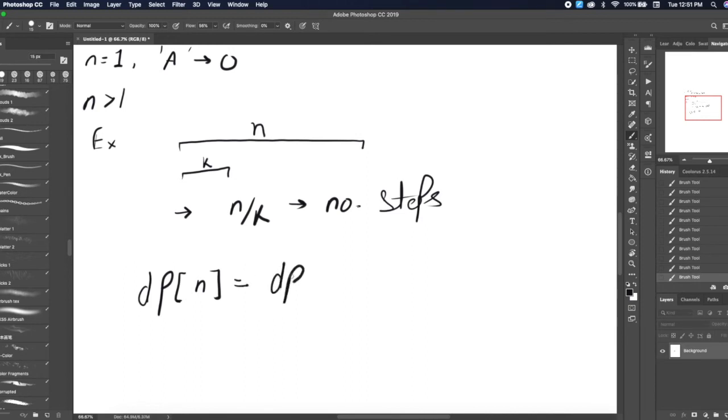Currently we have only k number of A's present, and by the equation n divided by k, we can find the number of steps required. In this equation, n should always be greater than k, and n divided by k should be an integer.